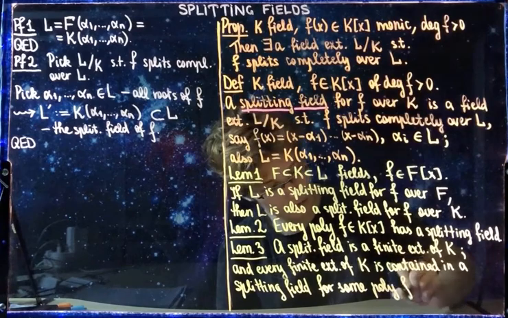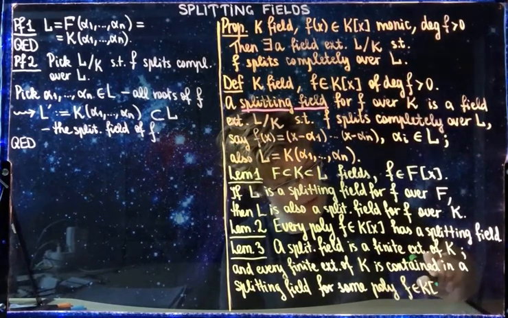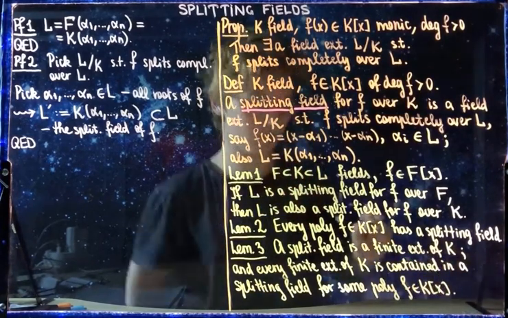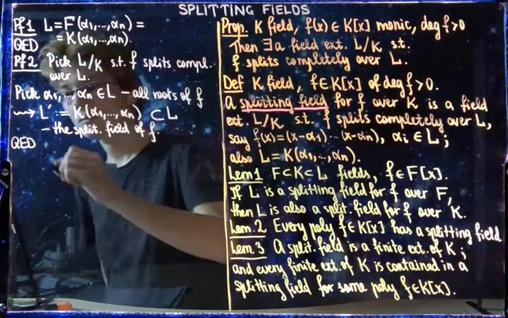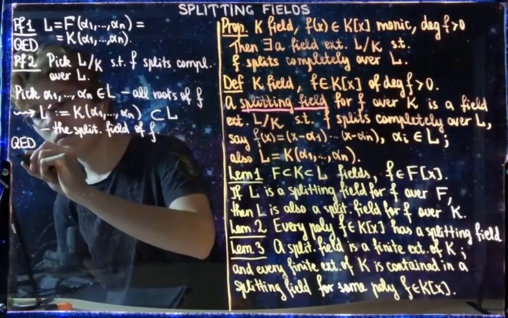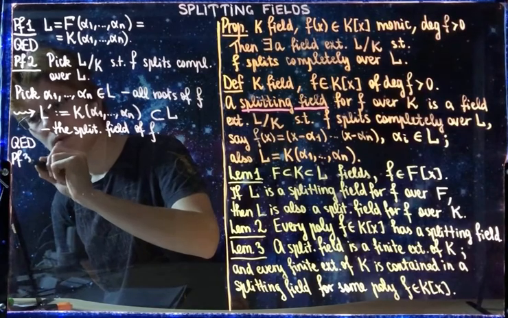Polynomial f over K. So the proof of lemma number 3.